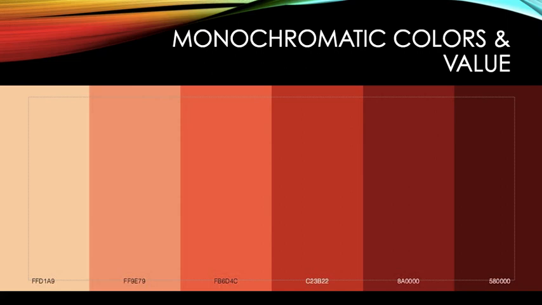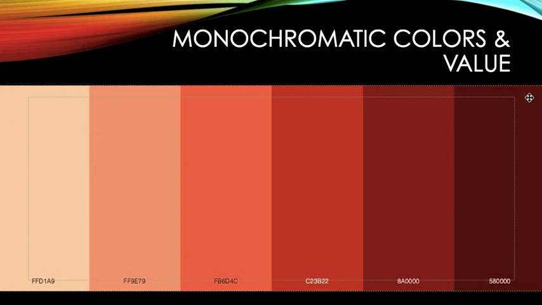This color scheme is called monochromatic. The word monochromatic actually tells you exactly what it is. Mono means one. Chromatic means color. So this color scheme is one color. It's just a lot of different values of the color.